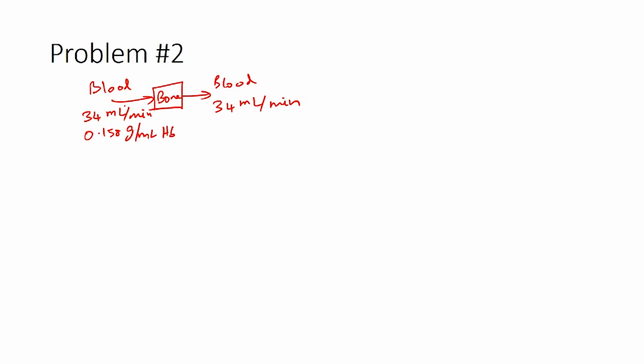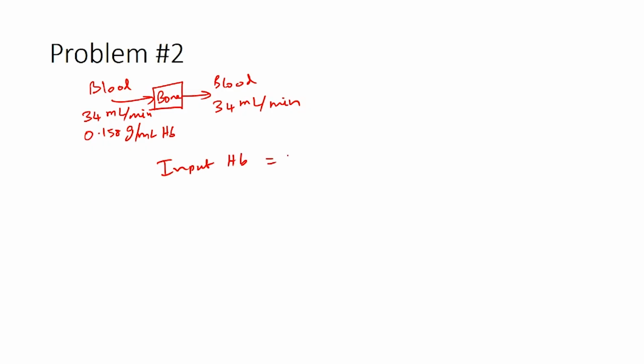Before we start with the oxygen balance, we need to know how much hemoglobin is actually entering the system, so that we can calculate the number of moles of oxygen which is being carried by the hemoglobin into the system. For that reason we will first calculate input hemoglobin.